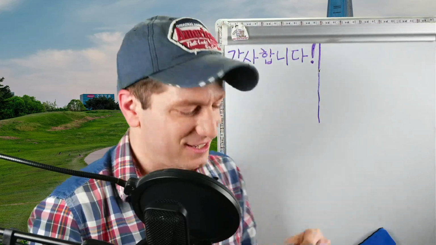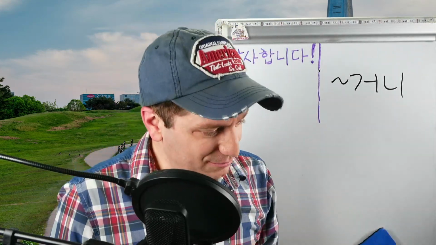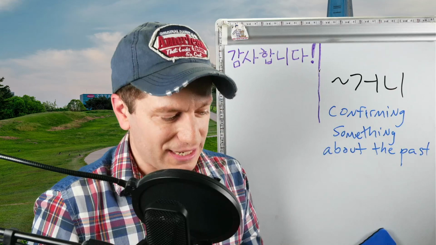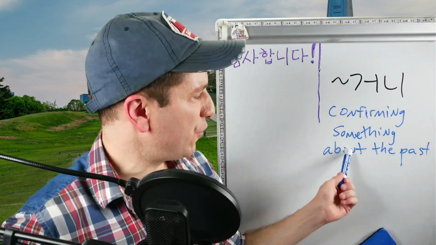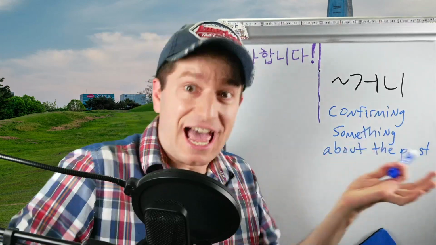Here are some notes on some other similar forms. In the exact same way that 거니와 was made, by attaching it after a verb stem, you might also see 거니. Is this the same form? Well, let's look at it. 거니 is a form that is also archaic, and it's used for confirming something about the past. This form is used for saying, yes, that is true.